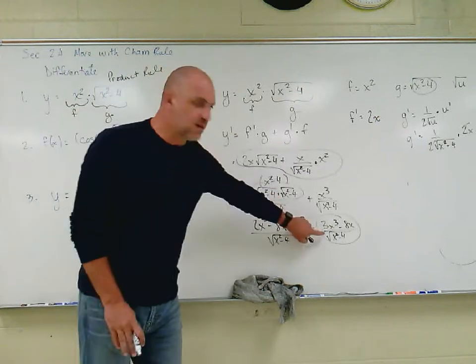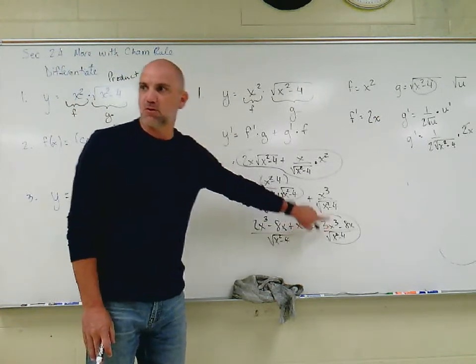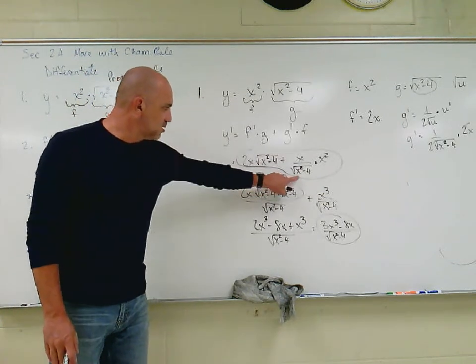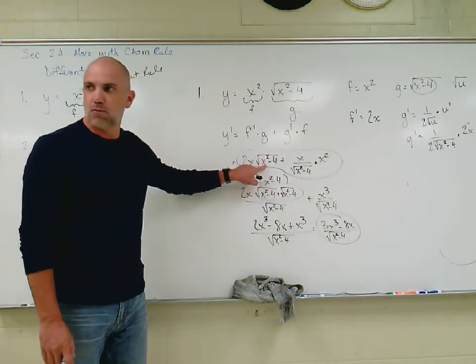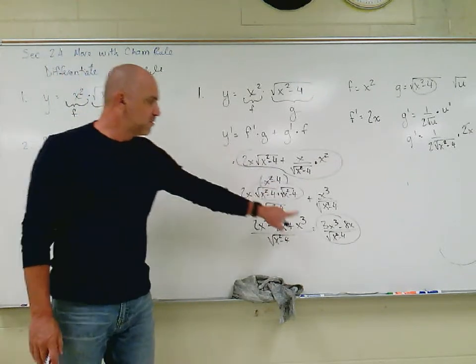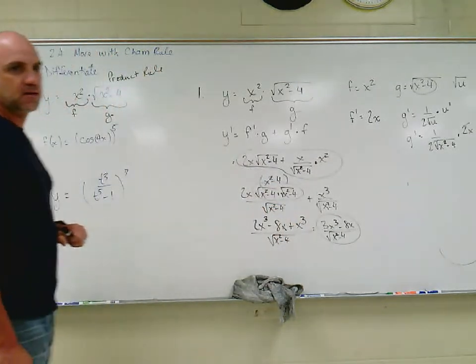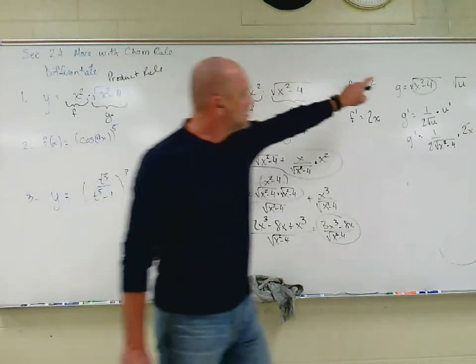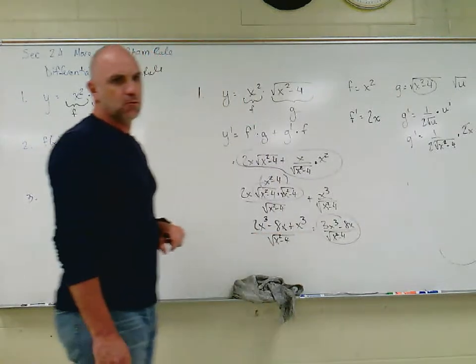So you can see that this version of the answer is much more simplified than that. And again, all I did is get a common denominator of square root of x squared minus 4, lose that radical, and go from there. So either of these in the circle are correct. And you can see that this was a product rule, and then as I set up my product rule, I had to do a chain rule over there.